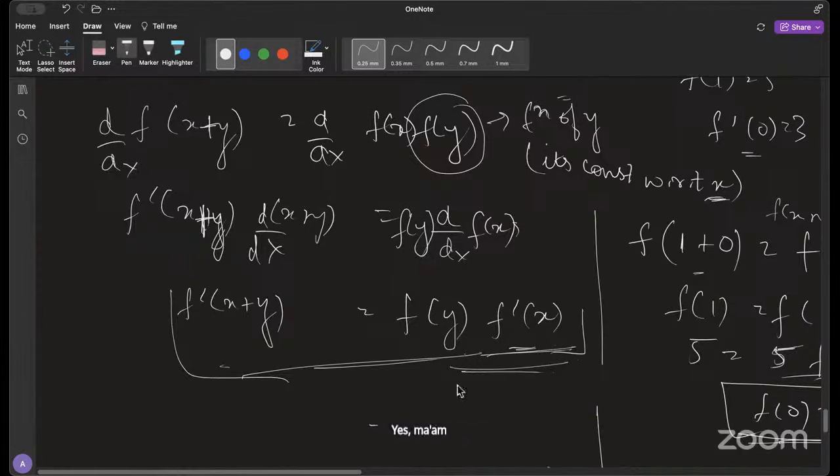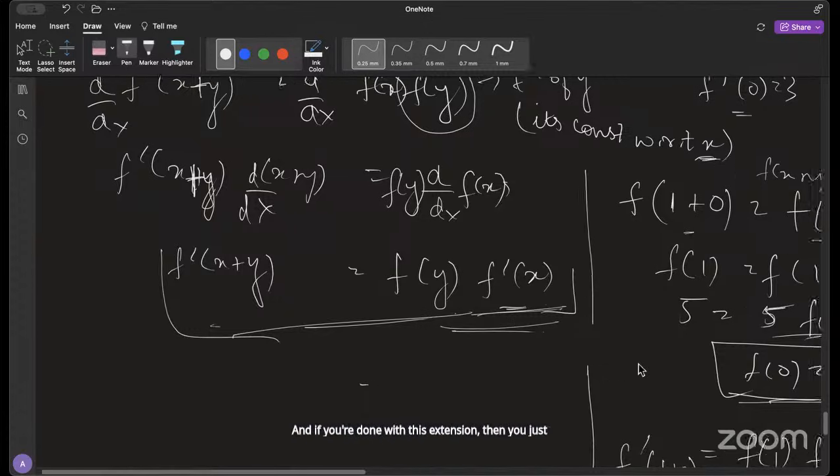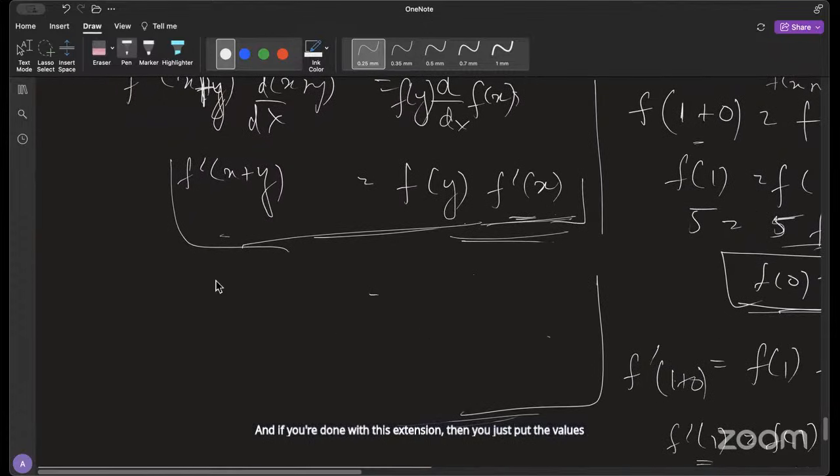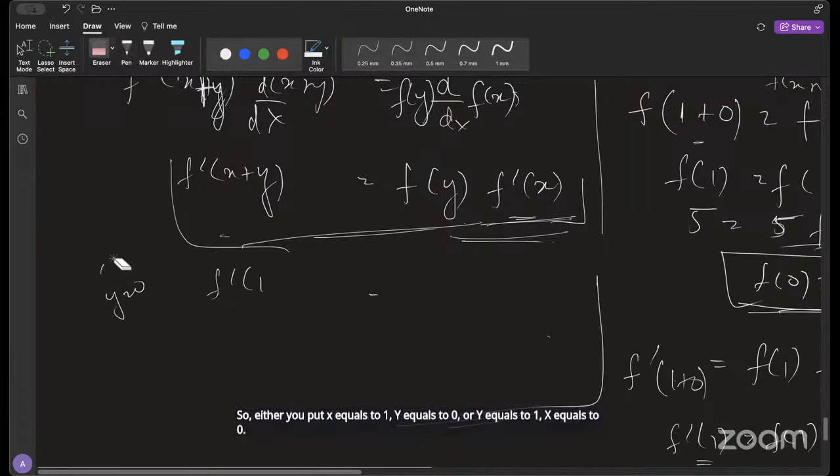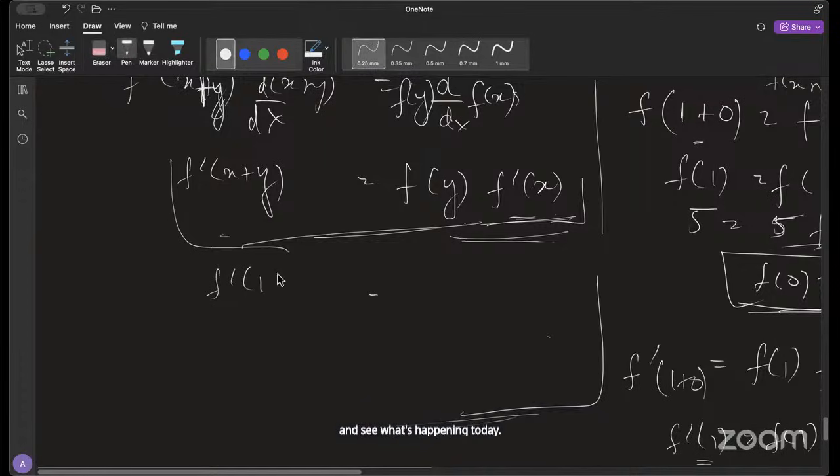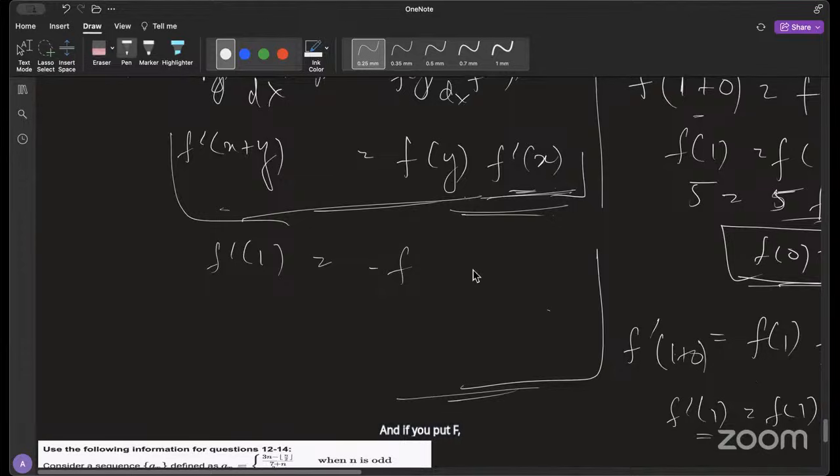If you're done with this expression, then you just put the values, and we're looking for f dash 1. So either you put x equals to 1, y equals to 0, or y equals to 1, x equals to 0, and see what happens there. If you put x equals to 1, you will have f dash 1, and both of these will get cancelled. There's no point doing that. Let's not do that part.